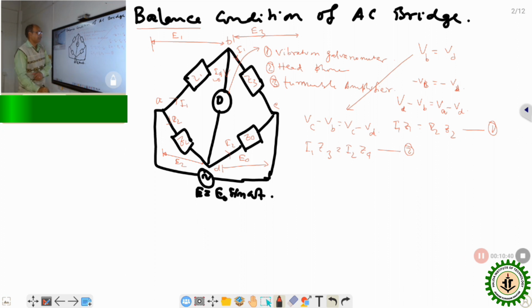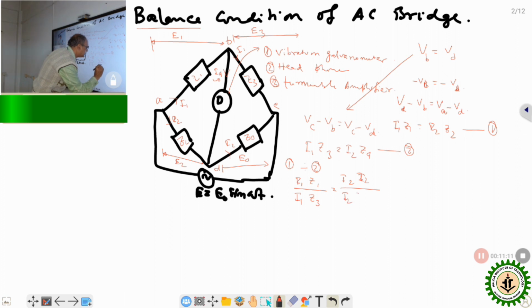Okay. So if we divide 1 by 2, what are we getting? I1 Z1 by I1 Z3 equal to I2 Z2 by I2 Z4.